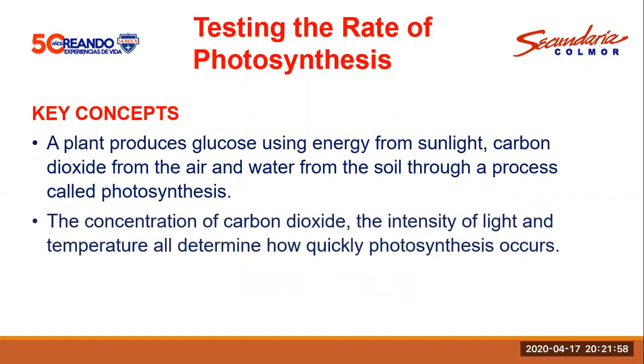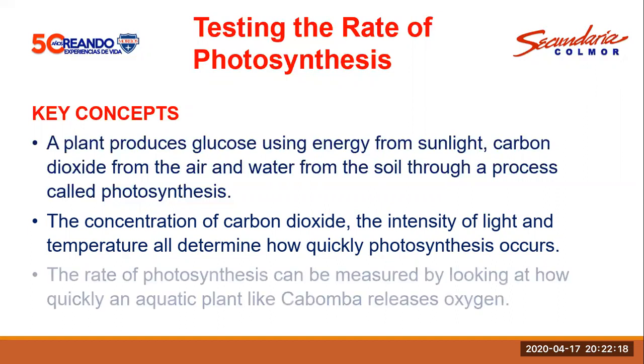The concentration of carbon dioxide, the intensity of the light, and the temperature all determine how quickly or how slowly photosynthesis takes place, right? So there are three factors.